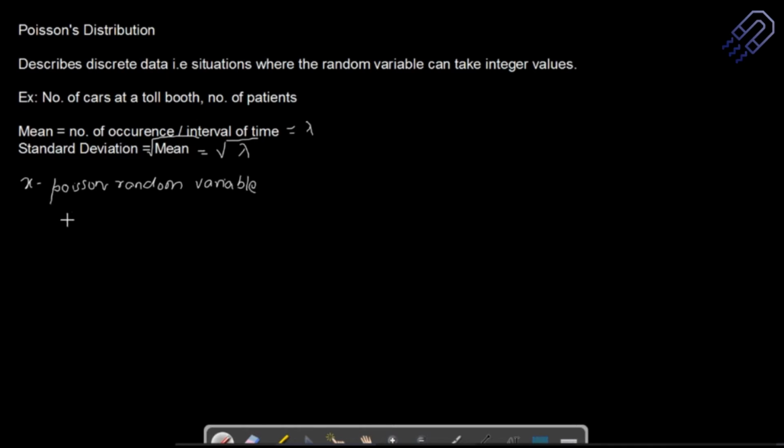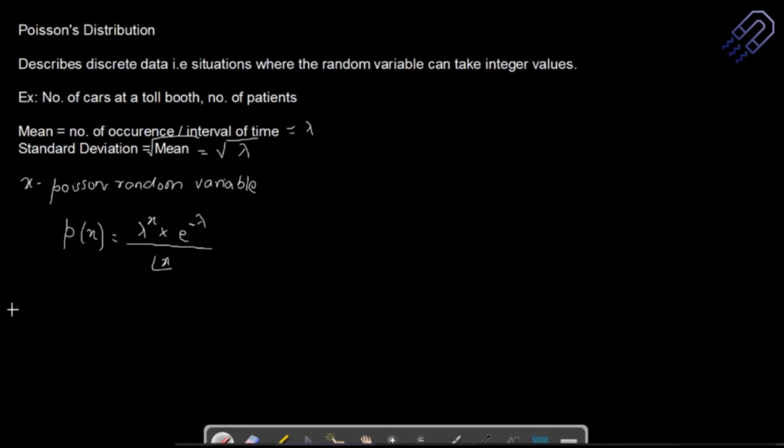Just like binomial distribution, this Poisson distribution will have a form, and it is given as lambda to the power x into e to the power minus lambda, divided by factorial x. There is a minus there. So this is the Poisson distribution form.